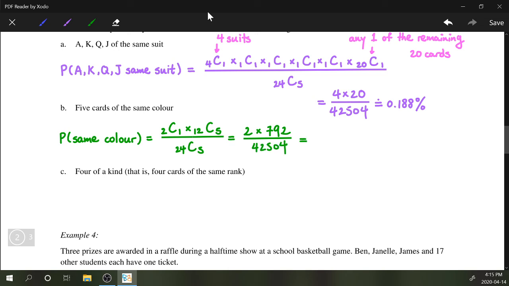So again, you can multiply and divide. And the answer in this case works out to be 3.73%. It's about. Yeah, so again, the important thing to note here is this is the 2 colors. This is 12 cards of the same color.